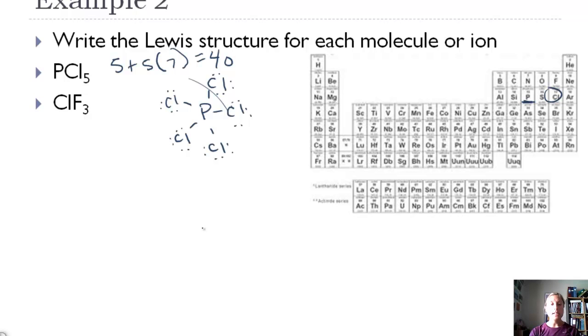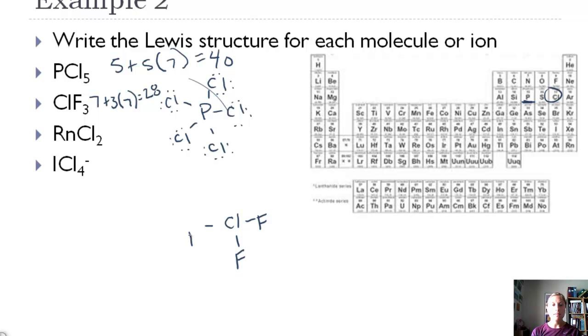Okay, ClF3 is going to behave somewhat similarly. So we have chlorine, which has 7 valence electrons, plus 3 times fluorine, which also has 7. And so this is going to give us 28 electrons. Then we have our chlorine and three fluorines.